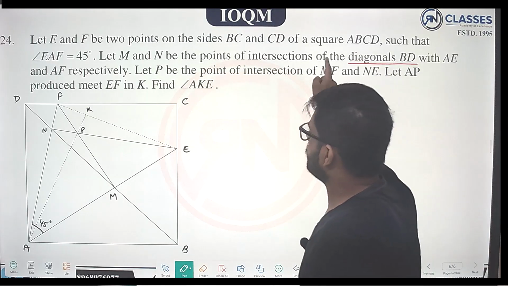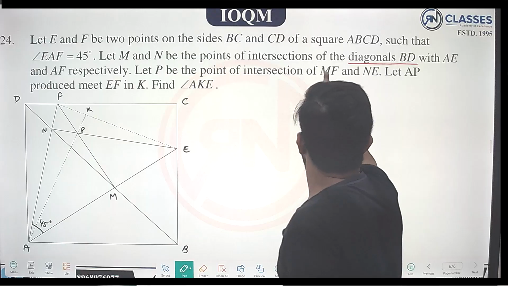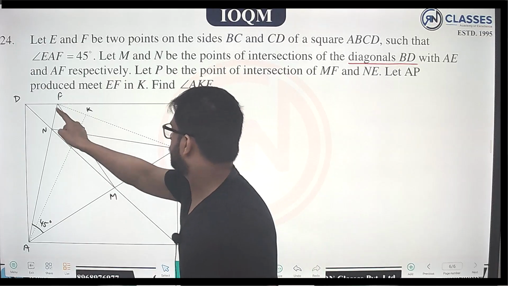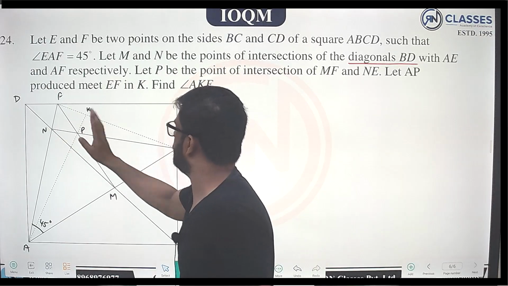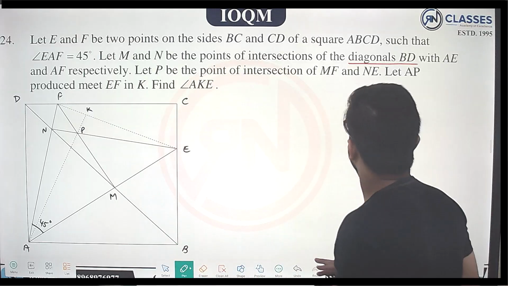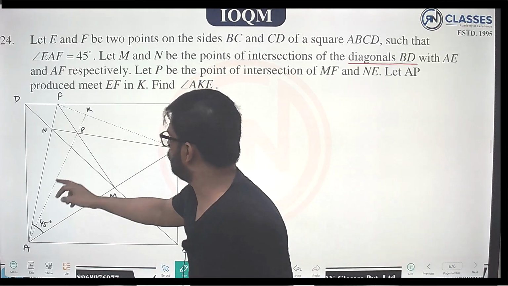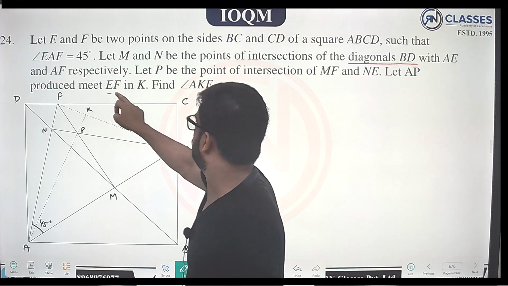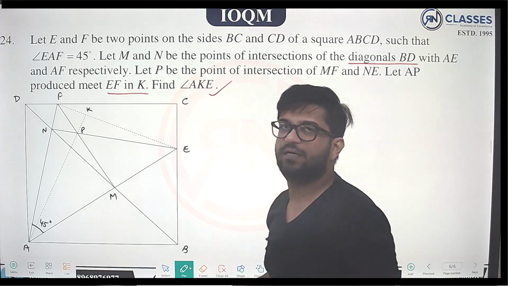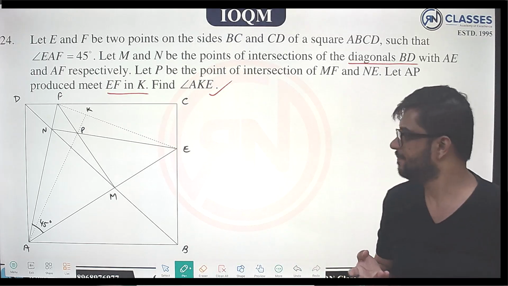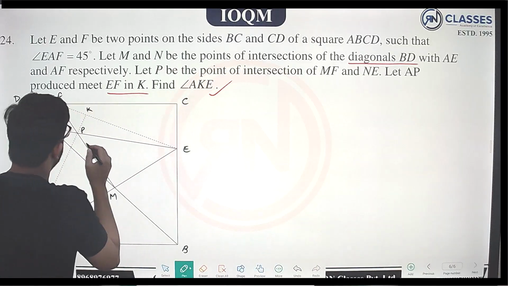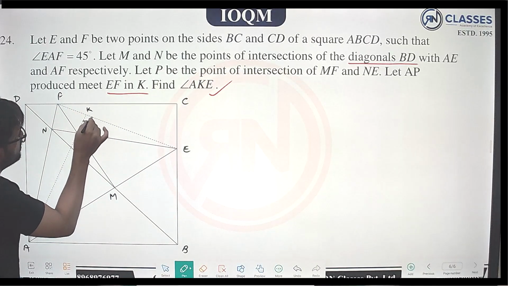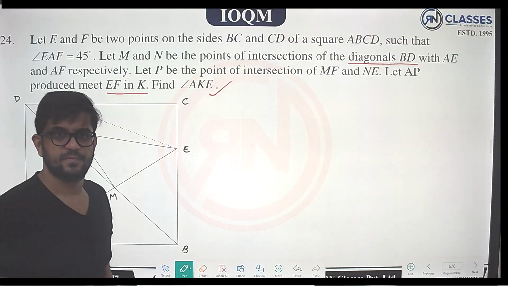P is the point of intersection of MF and NE, M को F से ज्वाइन किया, N को E से ज्वाइन किया, ये पॉइंट ऑफ इंटरसेक्शन मेरा आ गया. फिर उसने बोला AP को ज्वाइन करो और प्रोड्यूस करो K पर, AKE निकाल लेना, ठीक है. AKE मतलब कि इस एंगल की बात है, ठीक है.